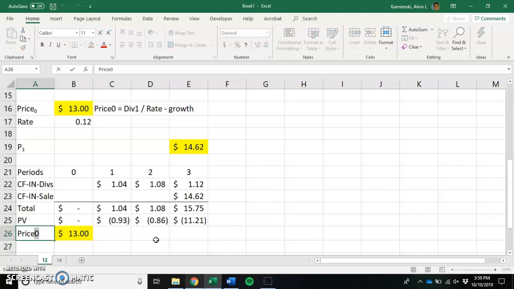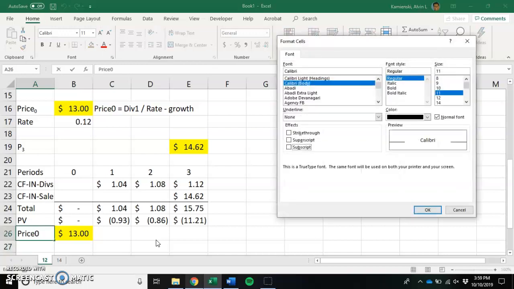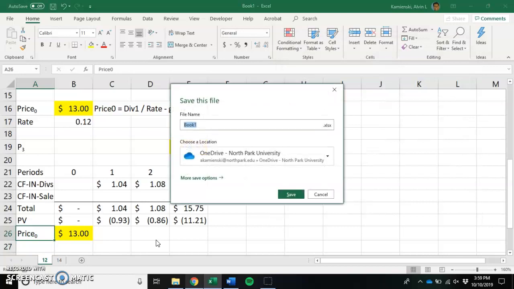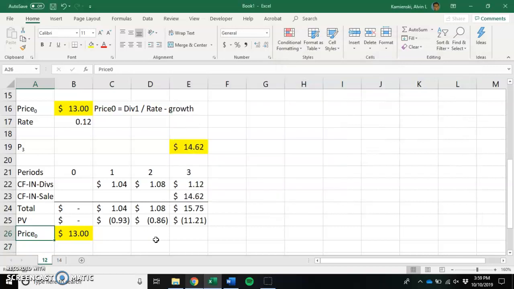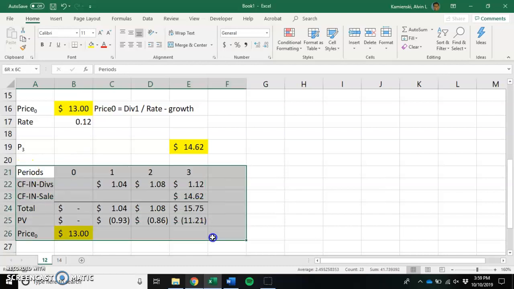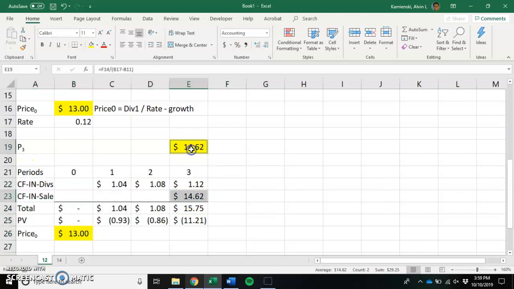I'll finish typing that off, make it into a nice subscript, and there you have a problem that combines both the dividend discount model, as shown down here, with the Gordon constant growth model, as was demonstrated there.